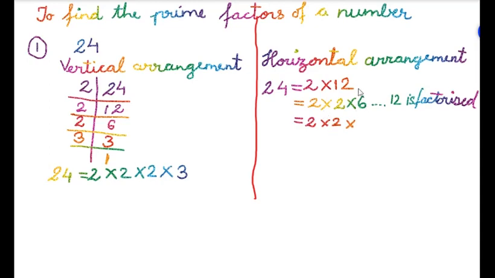Will it come in 2's table? Yes. 2 3s are. So here what did I do? Here I factorized what? 6. So I will write here 6 is factorized. Okay students. So in this step I factorized 6.